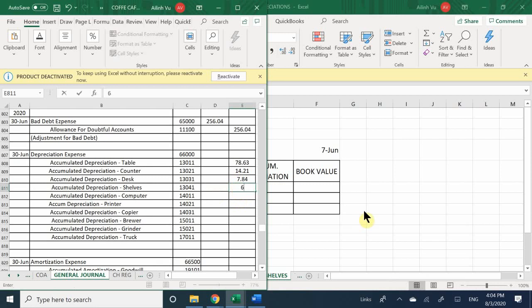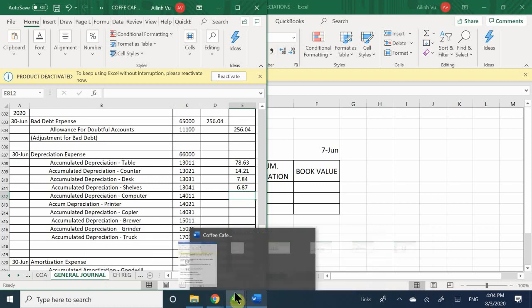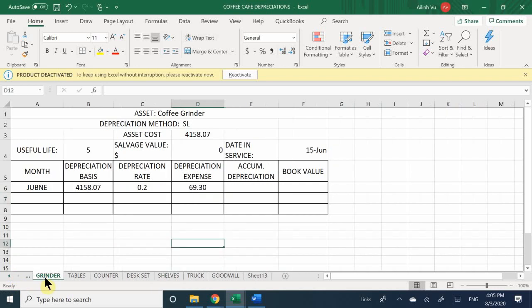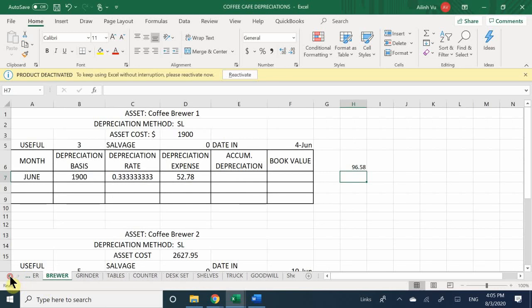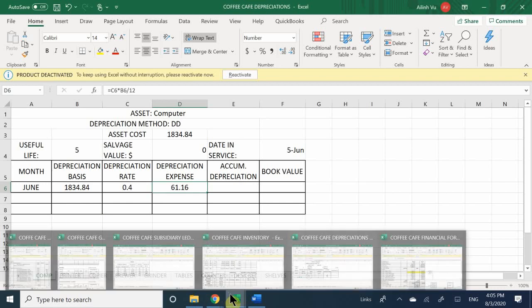And then what else? Okay, computer. $61.16. Oops, I'm on the wrong one. $61.16 is correct.